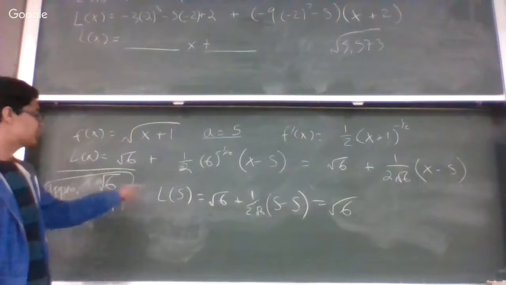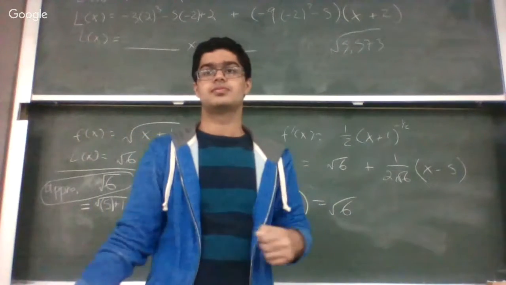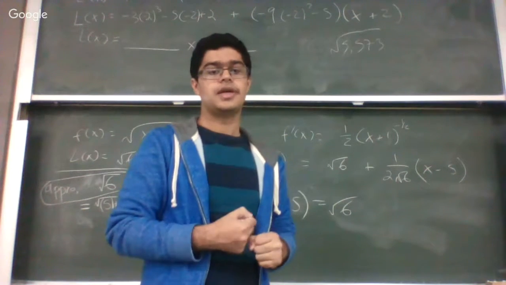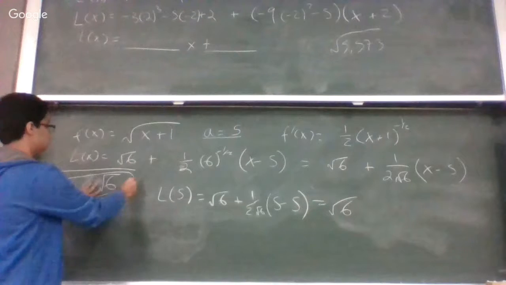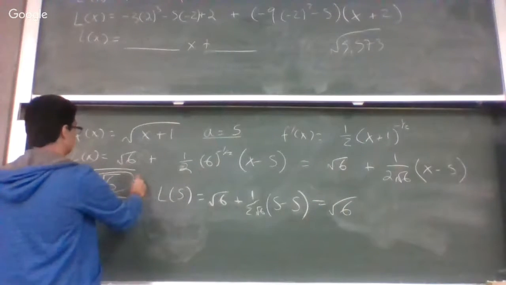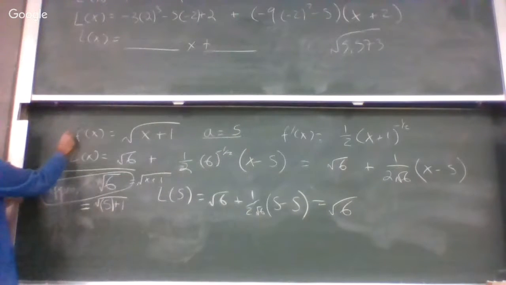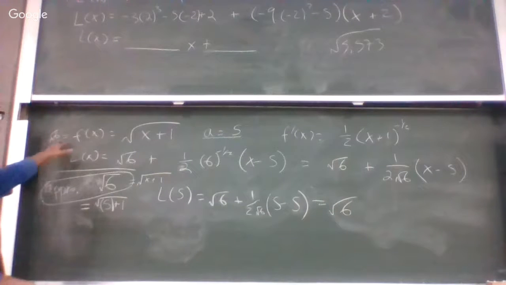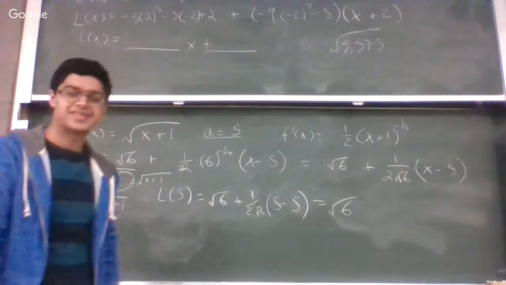Yeah, so it just happens that they turn out to be the same. If they say approximate radical 6, you don't plug radical 6 in for x in the linearization. You have to. This approximation is equal to that. Find something. Hold on a second.